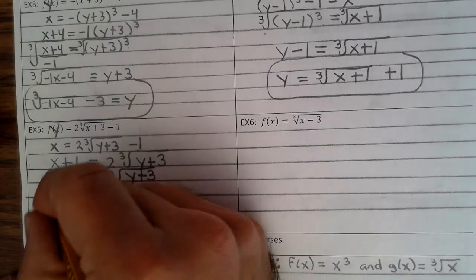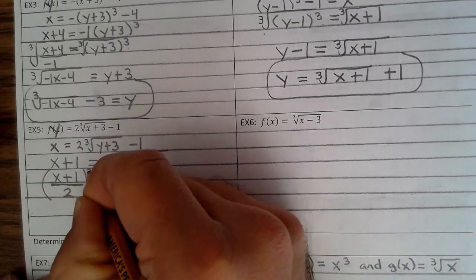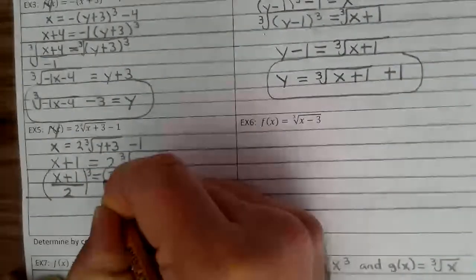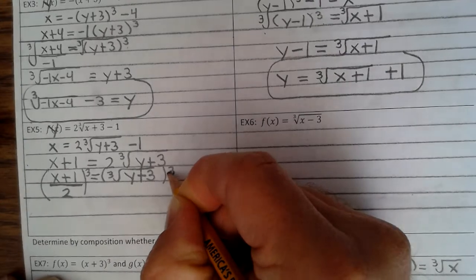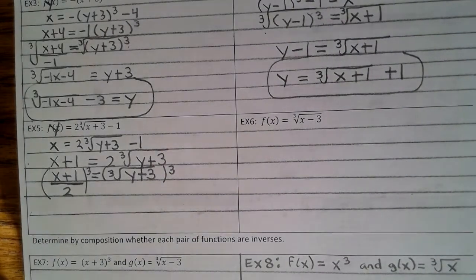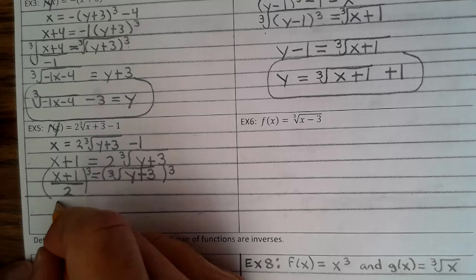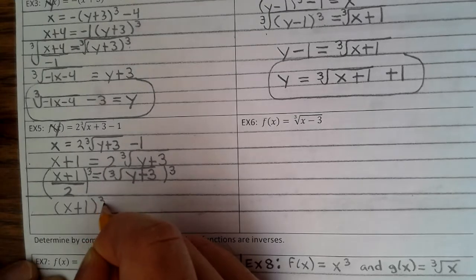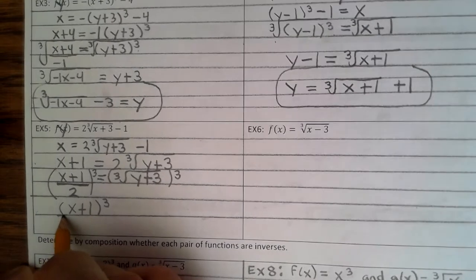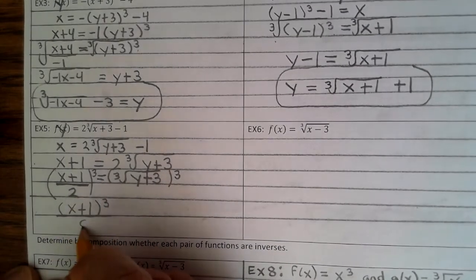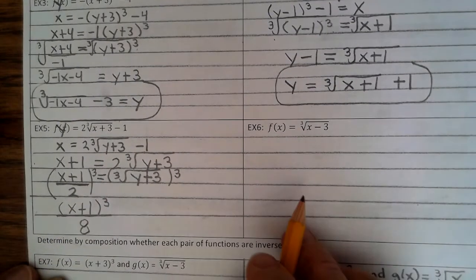Now we need to cube both sides. So then this becomes (x plus 1) cubed divided by 2 cubed, which is 8.